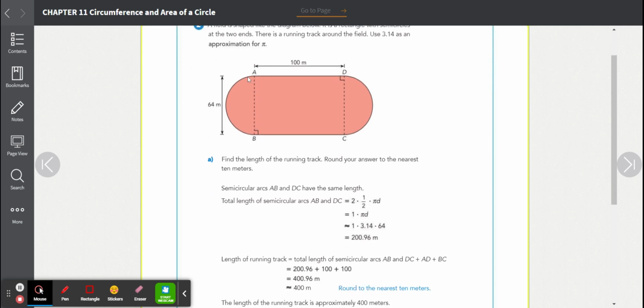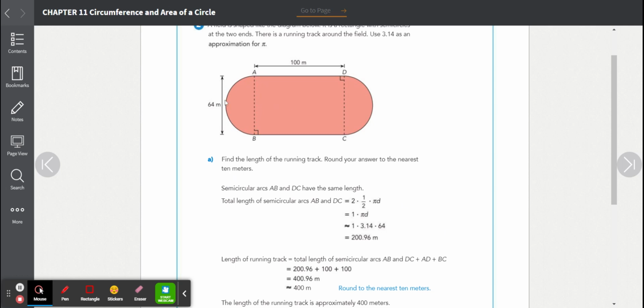So we're going to pretend that this black line is the running track. So again, we're solving for the circumference of my semicircles, which we have two semicircles. It's really just one big circle, right?